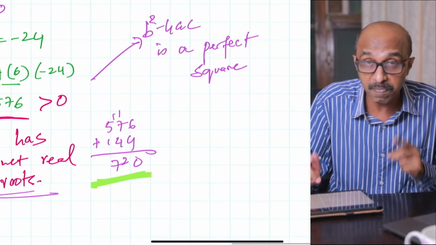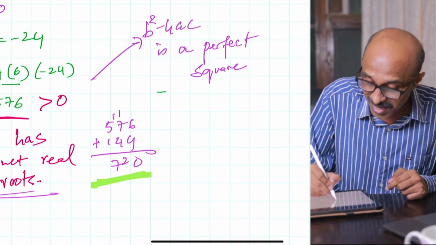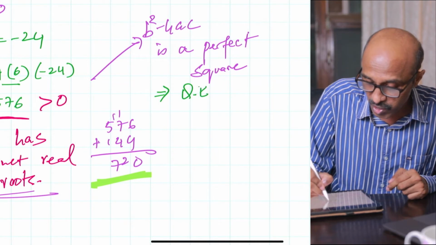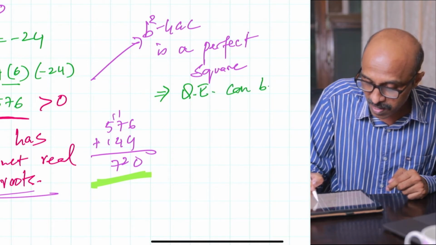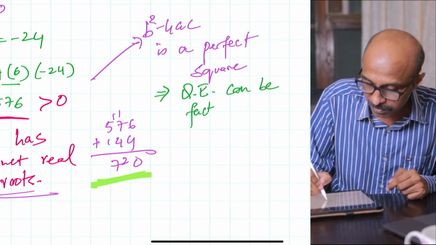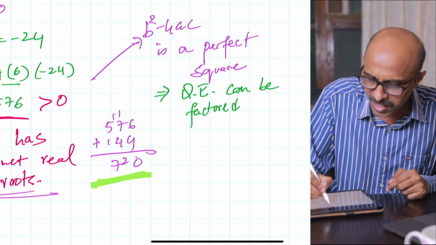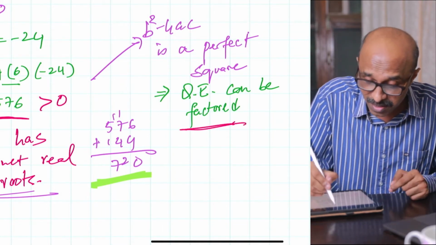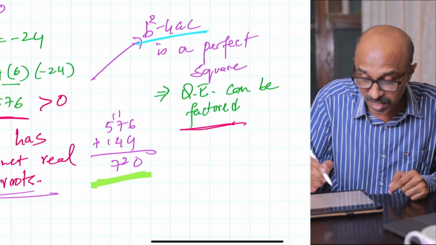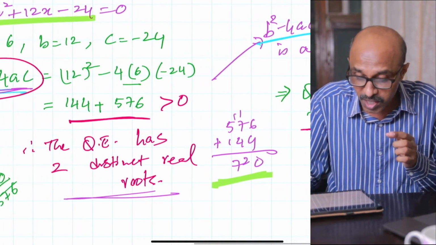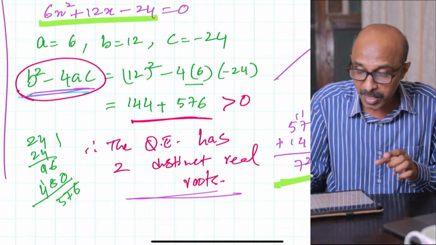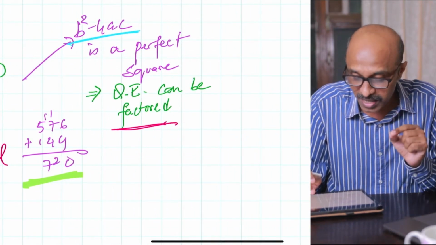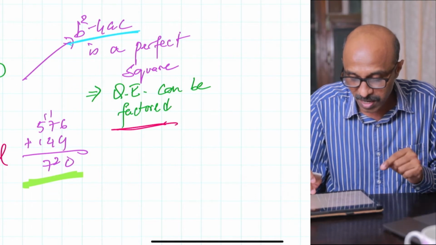So whenever this discriminant is a perfect square, you can say that the quadratic equation can be factored. We ended the last video by saying that not all quadratic equations can be factored, and this is another piece of information that the discriminant gives us. It's really powerful, as you can see. Not only does it tell us the nature of the roots, but if b squared minus 4ac is a perfect square, then and only then will the quadratic equation be factorable.